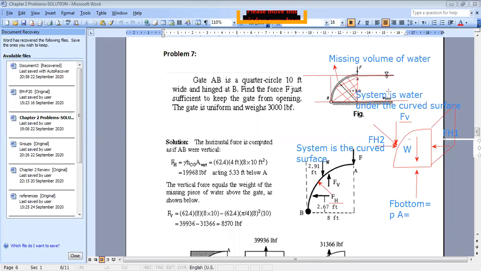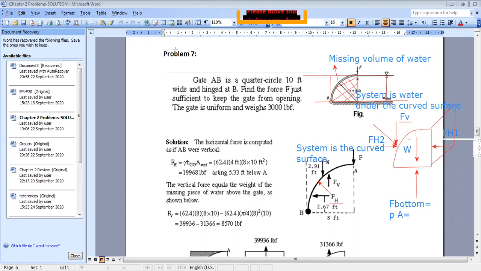So the pressure at all these points is equal to the pressure here, for example, which is due to the column of water above this point. So to find the pressure at this point, it's simply gamma of my fluid times this height. And this height is equal to the radius of my circle, which is 8 feet.